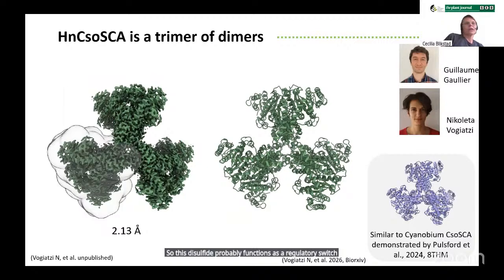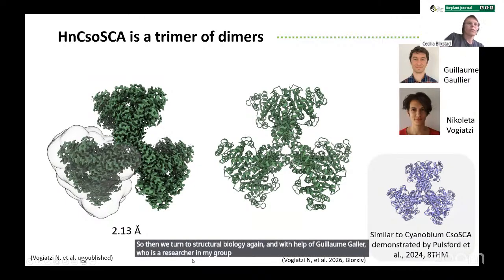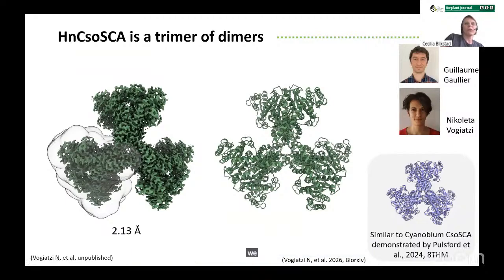So then we turn to structural biology again, and with the help of Guillaume Gallier, who is a researcher in my group, we solved cryo-EM structures of CsoS-CA, of this carbonic anhydrase. And we saw that it is a dimer of trimers, so it's a hexamer.